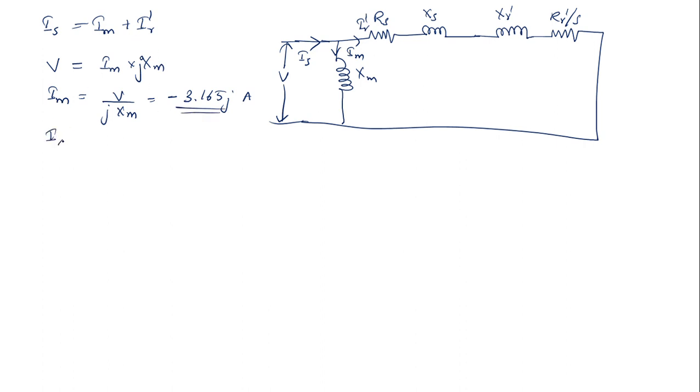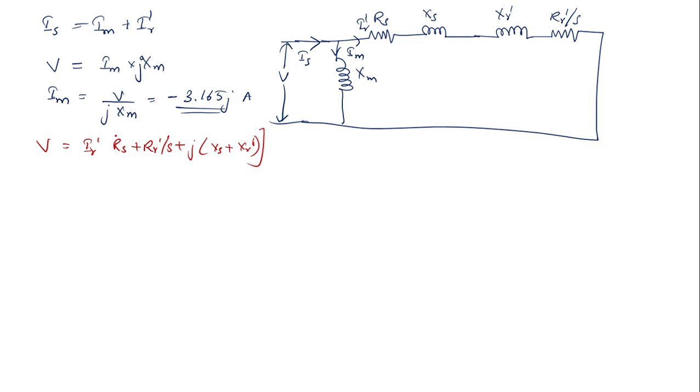Similarly, you can find out IR dash. All of these parameters over here are in parallel with XM, so the voltage across all of these four elements is V. So voltage V is equal to IR dash into (RS plus RR dash by S plus J into (XS plus XR dash)).